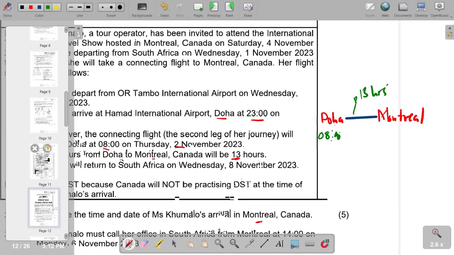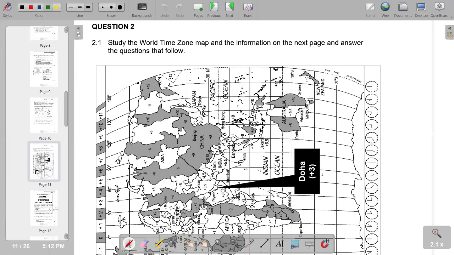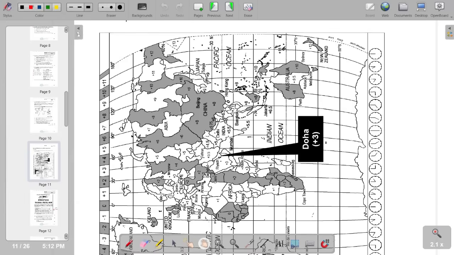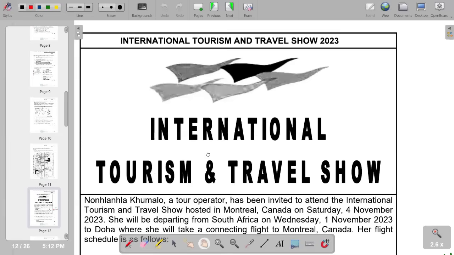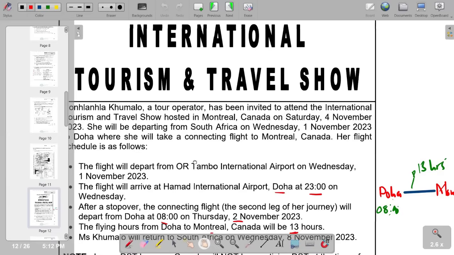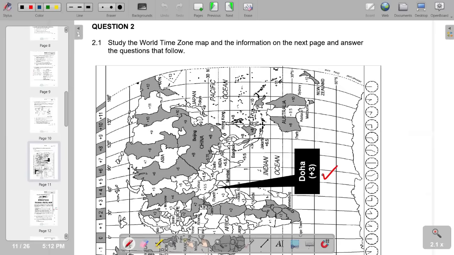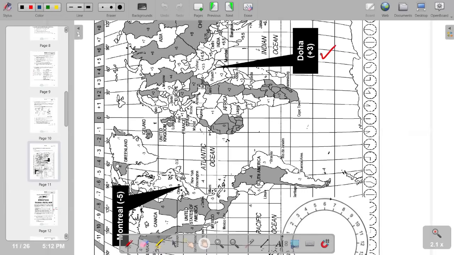So if you check, our Doha is +3 as indicated. So Doha is +3. And then we check in terms of Montreal, which we are given as -5.